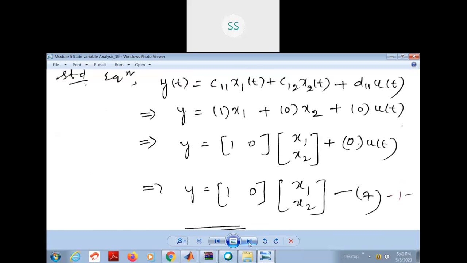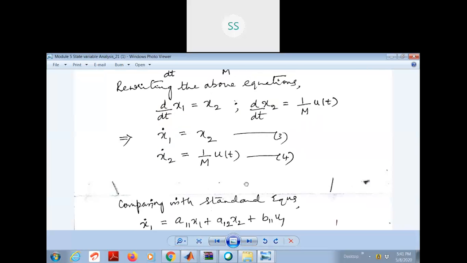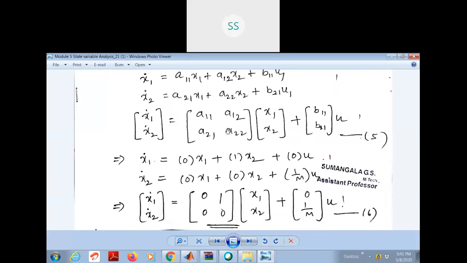So this is one simple example considering a mechanical system. After converting into standard form and decomposing into matrix form, equation 6 represents the state equations and equation 7 represents the output equation.